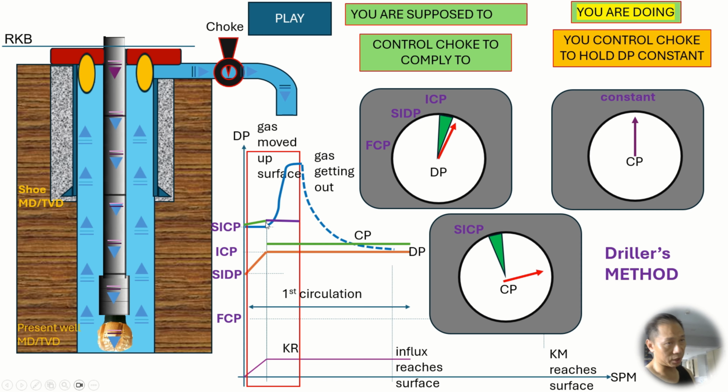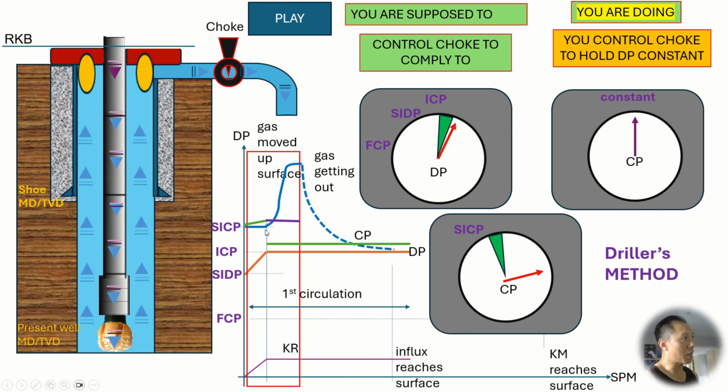Now, after reaching Q rate, instead of switching attention to the drill pipe pressure gauge and staying with a constant, small safety margin above the ICP, the question wants us to stay with the casing pressure gauge and keep it constant, following this purple line. We stay at one value on the casing pressure gauge.